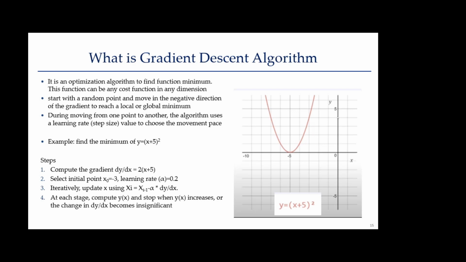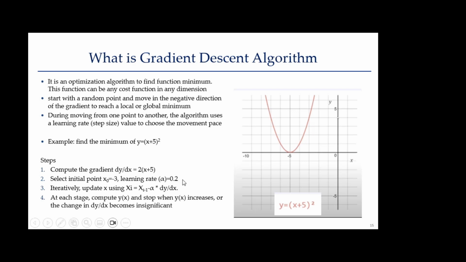This is a very simple function. In this function, we have y equals (x + 5) to the power 2. Our gradient will be dy/dx, which is 2 multiplied by (x + 5). And we can select a simple initial point of x equals minus 3.